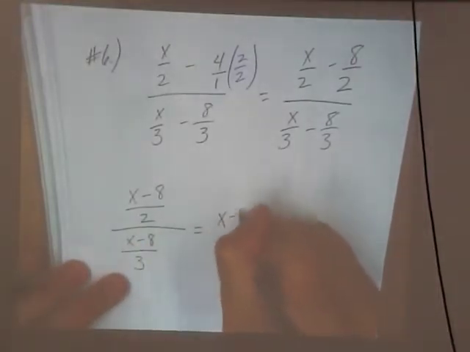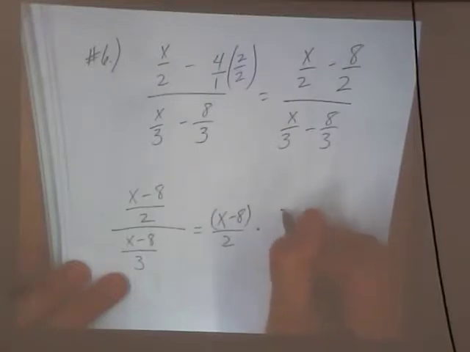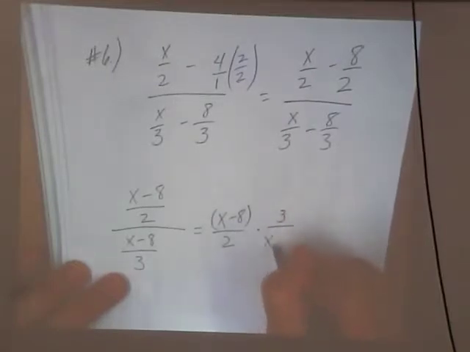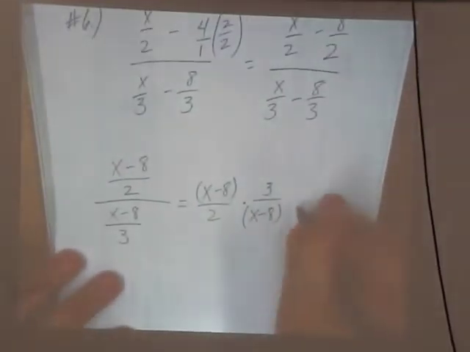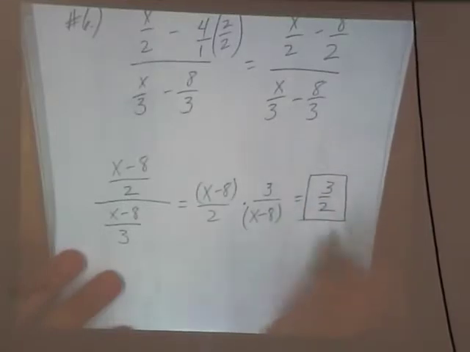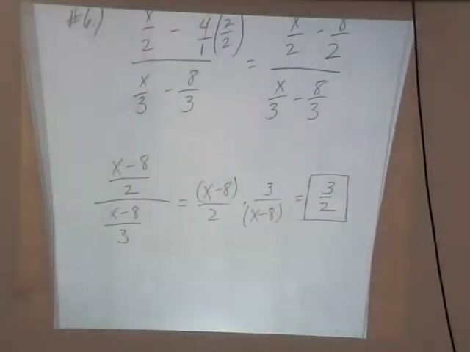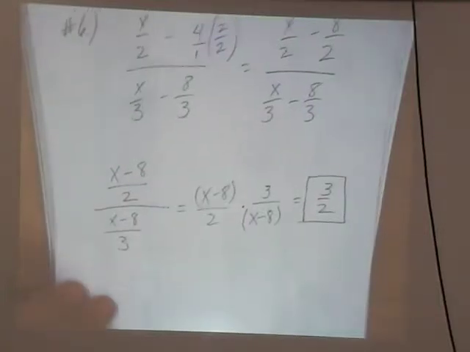So it'll be x minus 8 over 2 times 3 over x minus 8, which simplifies into 3 halves. Any questions? Okay, number 7.